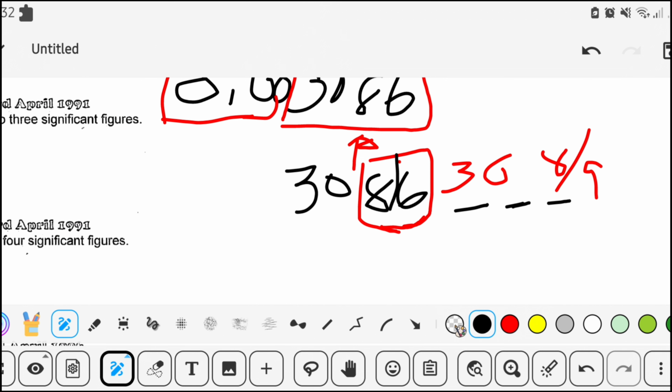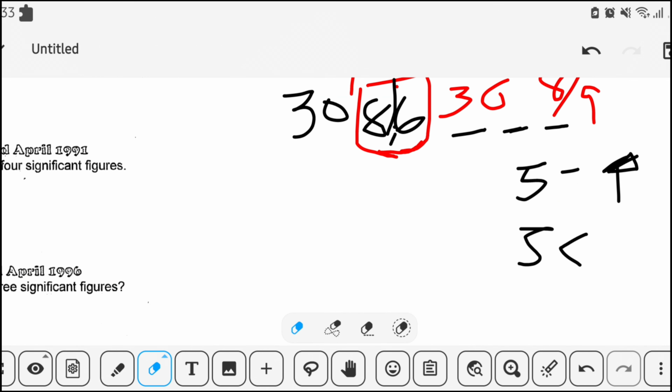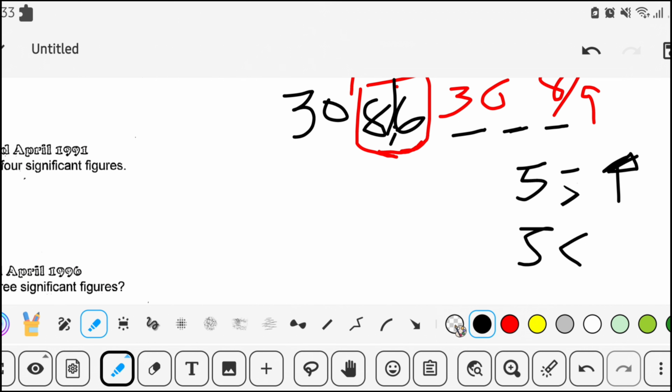For the rule, if this digit is 5 or greater, it will be rounded up. But if it is less than 5, it will be rounded down.